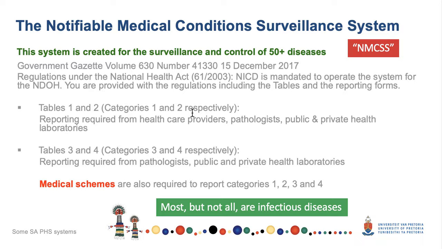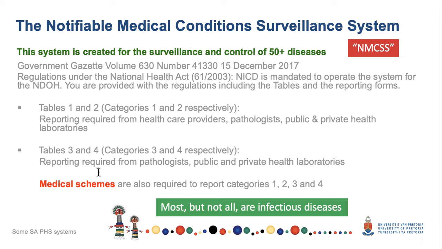Tables 3 and 4 look at other aspects of disease control, such as drug resistance and so on. And here we have reporting required just from pathologists, public and private health laboratories. So this doesn't involve practitioners.